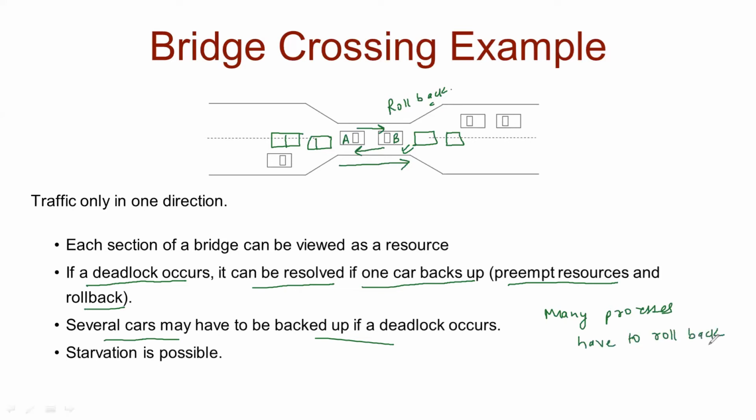It is not like only one process rolls back and things will be okay. It could be like many processes have to roll back. In this case, what can happen? Starvation is possible. How? There can be some process which is waiting to execute, but it never gets all the resources that it needs.